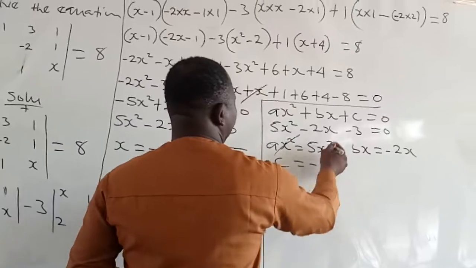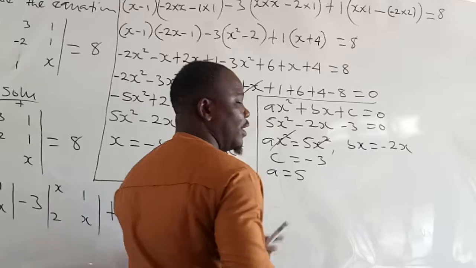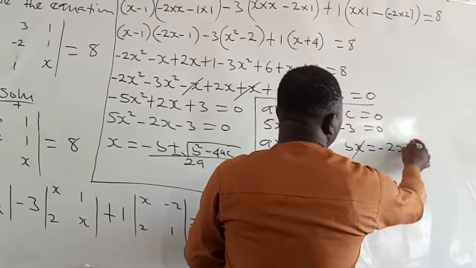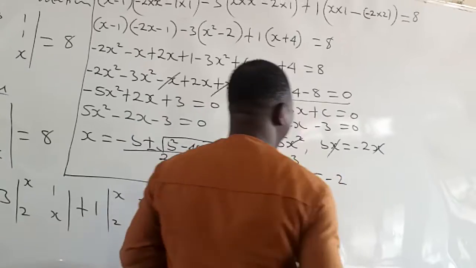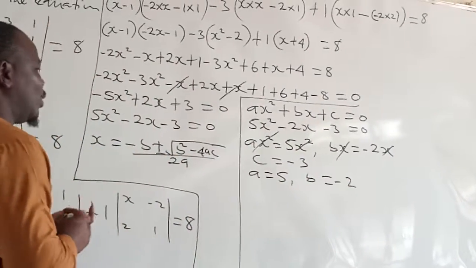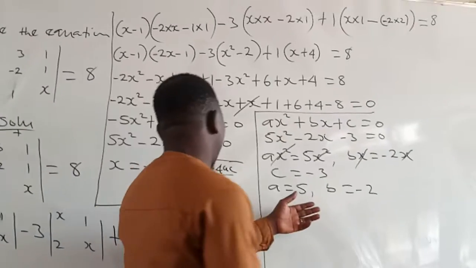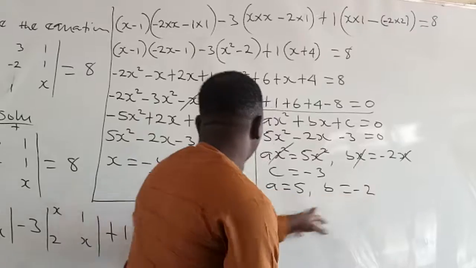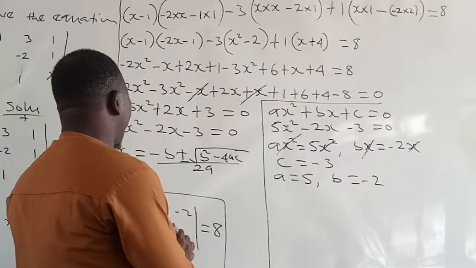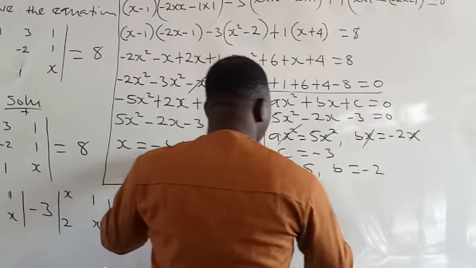It implies that this and this can cancel, so a is equal to 5. Is that clear? This and this will go. Then our b is equal to minus 2. Amen? Okay? So now we are going to substitute these values into this formula by writing x is equal to minus b.